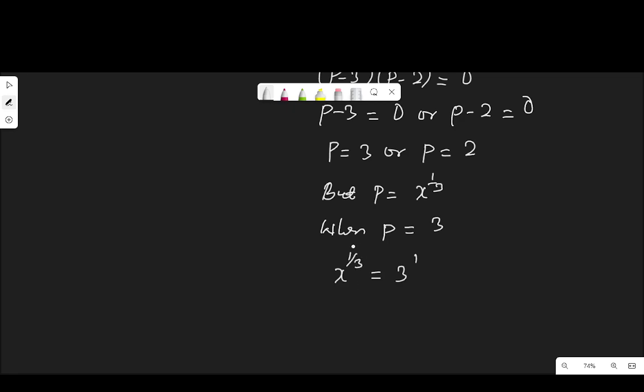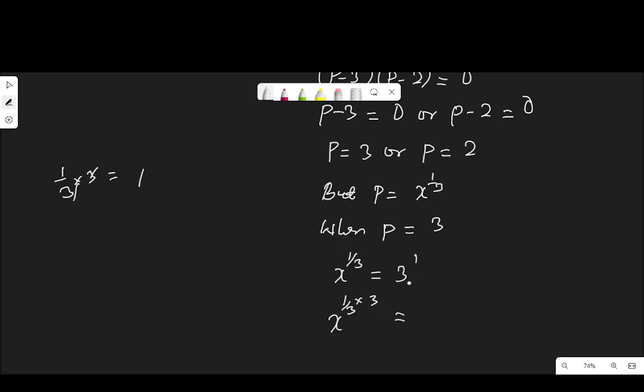To solve for x, I want to get rid of this 1 over 3 here. To do that, I will multiply this 1 over 3 by 3, because 1 over 3 multiplied by 3 is 1.